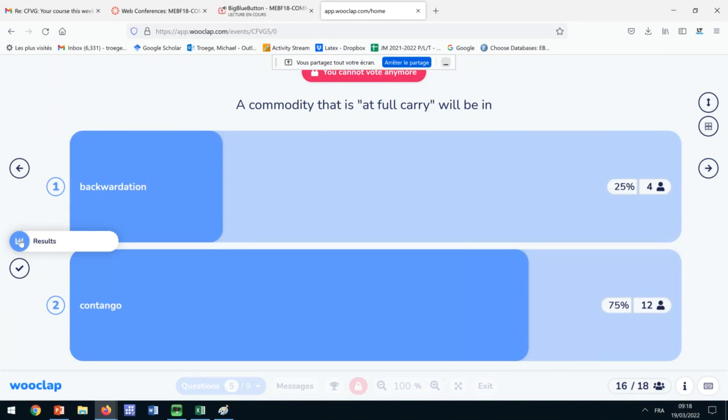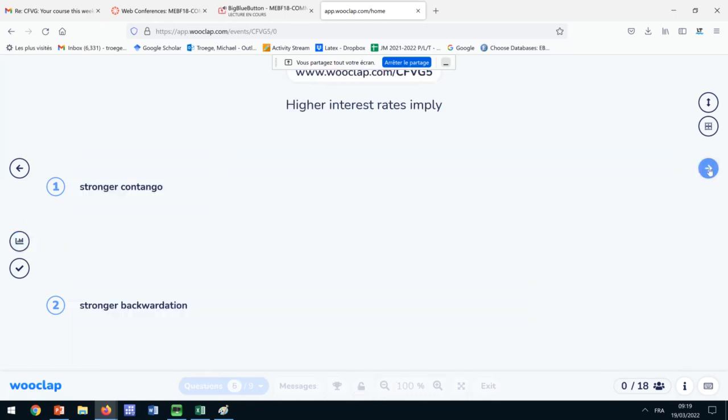Okay, you can reason in cash and carry or reverse cash and carry, but it's obvious that the cash and carry strategy is only profitable if the futures price is higher than the spot price, because again, we have to finance the acquisition of the commodity today, and then we have to store it for the entire period. Okay, so the correct reply is contango, and that's the reason for why normally commodities are in contango. The majority of the time, most of the time, commodities are in contango.